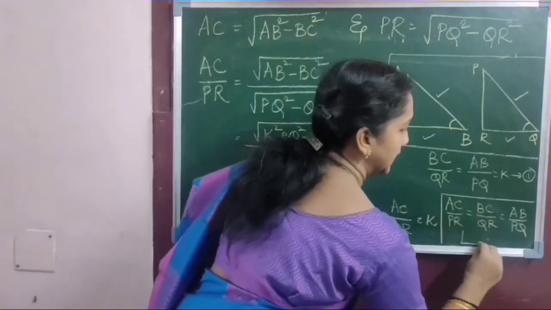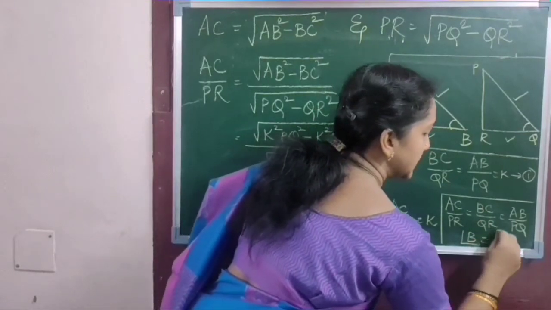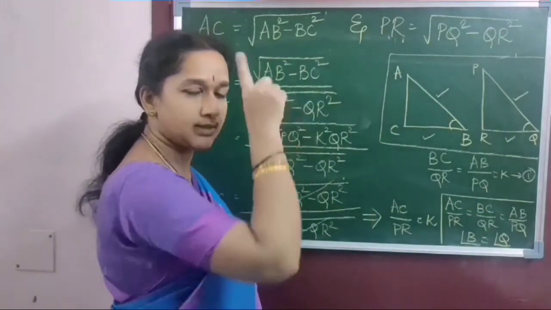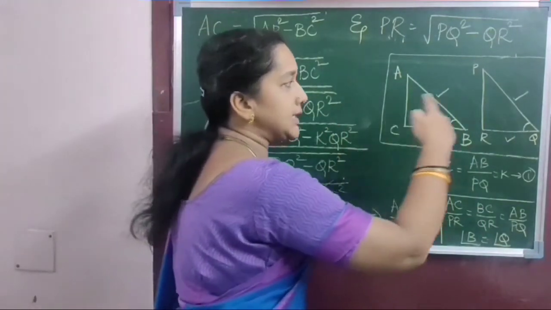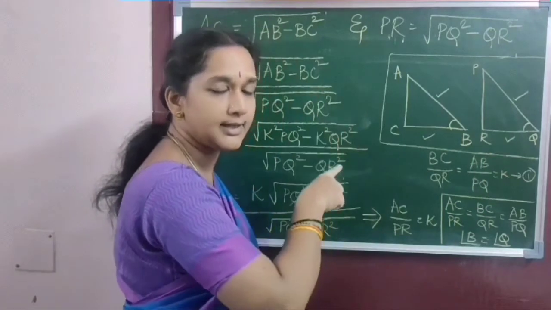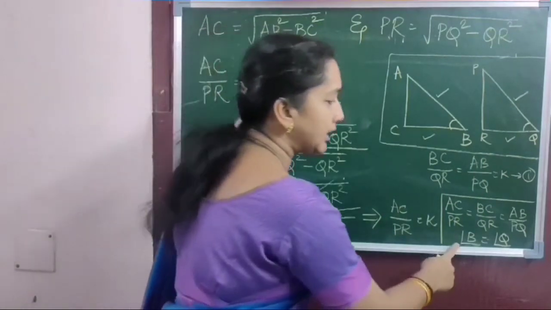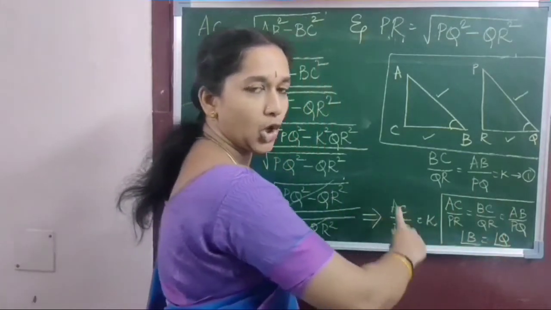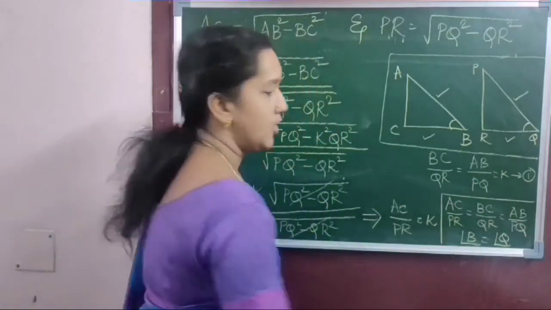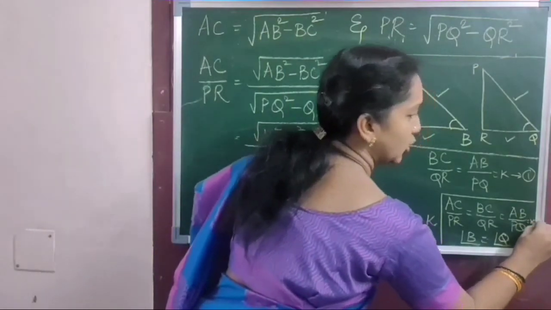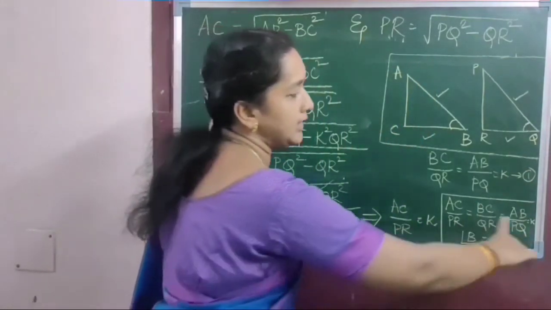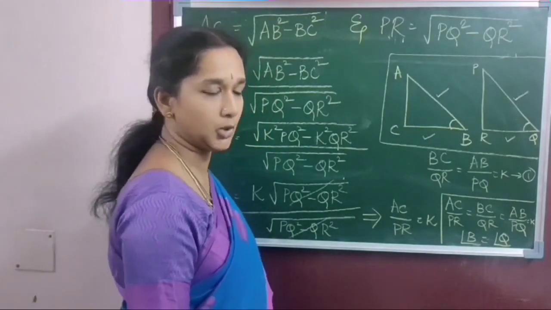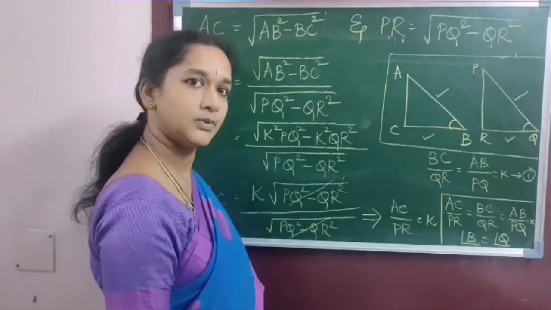So we have proved that angle B is equal to angle Q. The question gave cos B is equal to cos Q, and they are asking you to derive angle B is equal to angle Q. So this is the similar triangle property: all three sides are in some ratio equal to K, so the angles will also be equal. This is the proof. Okay, sir.